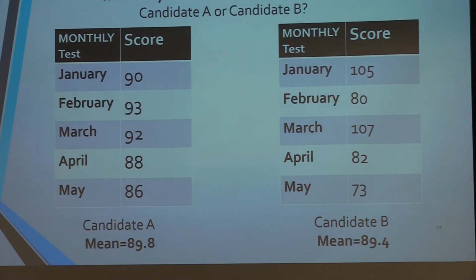These are the scores for the 5 mock tests in the past 5 months: January 19 for candidate A, February, and so on. Now notice that the mean for each candidate is the same. So I want to ask you, which candidate should we choose? Why?